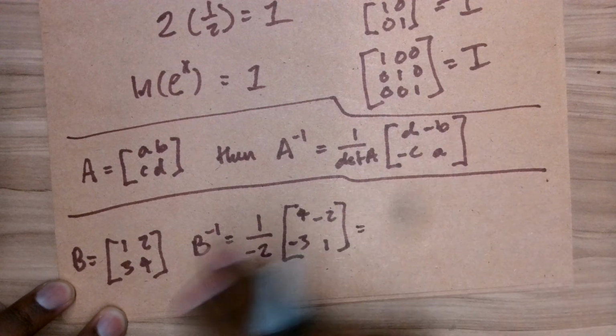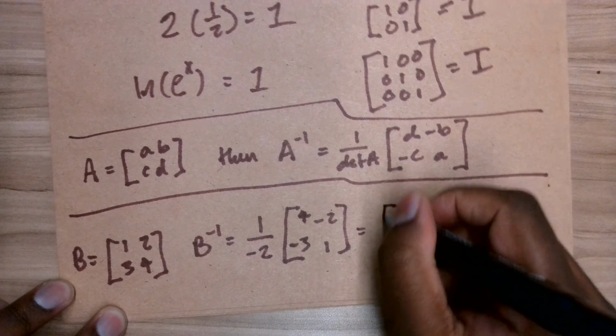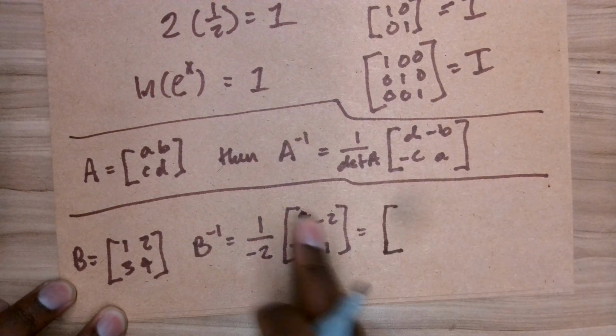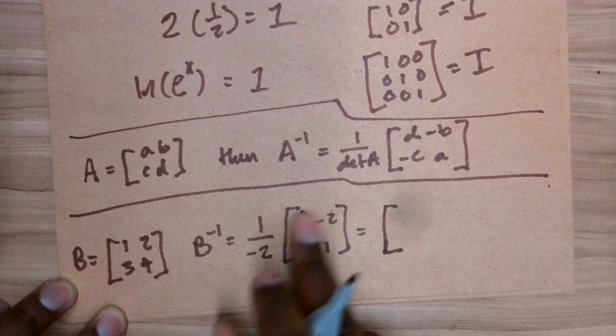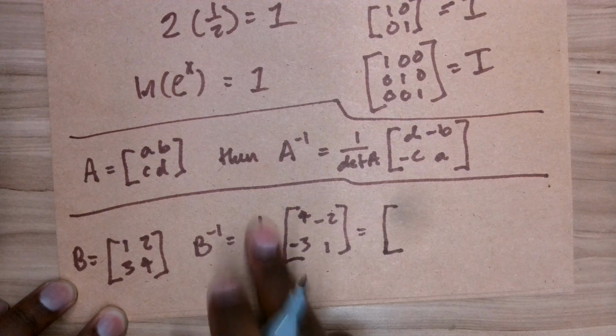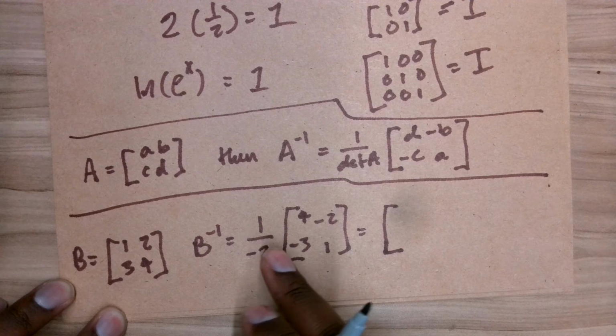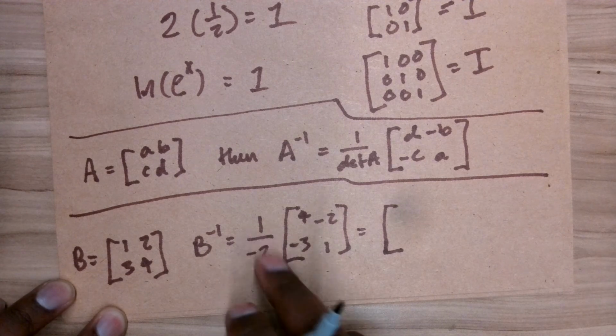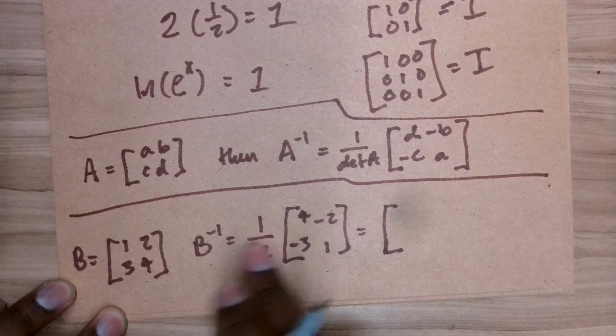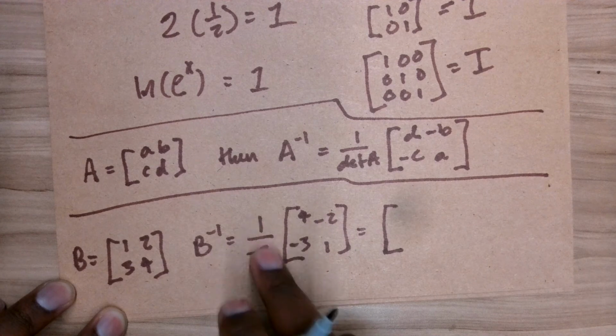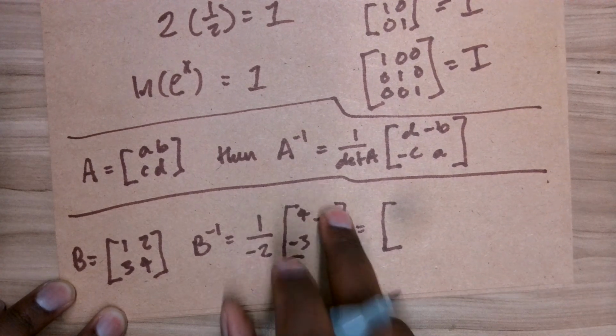Now I multiply this out. When I multiply a matrix by this, which is called a scalar, it's just a number, like a coefficient, I multiply it by all 4 of the terms.